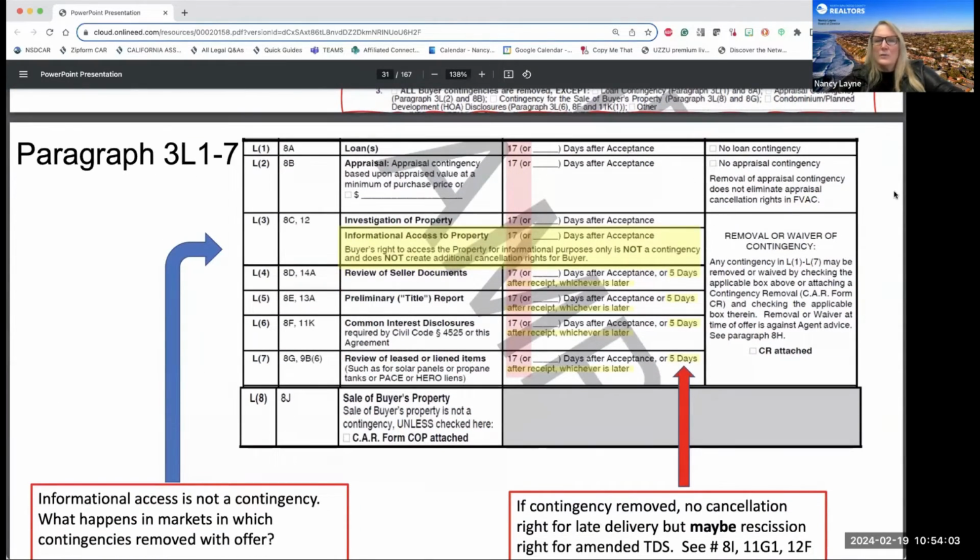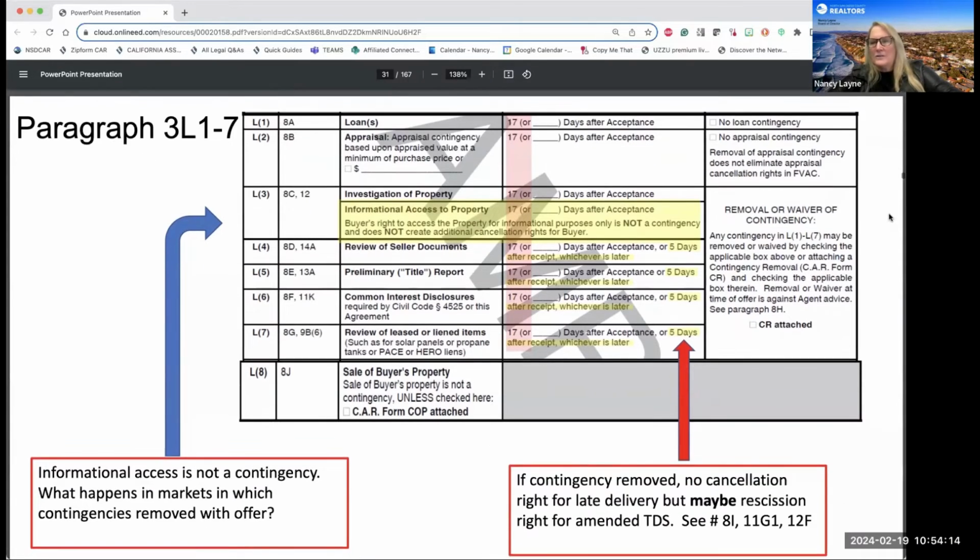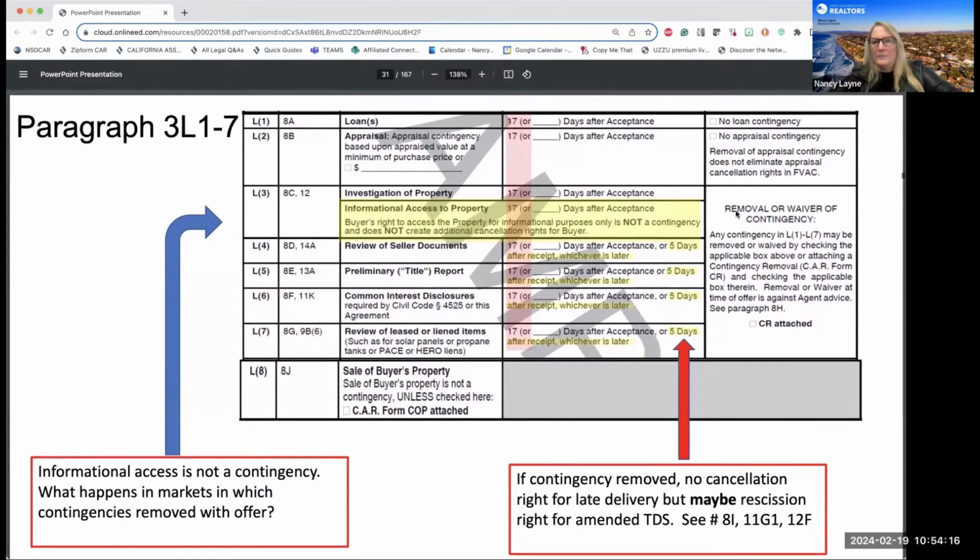The contingency removal does not mean they can't come back on the property. This is another error that agents make all of the time. They've removed all their contingencies. They don't have a right to come back on the property. Yes, they do. They can actually come back for 17 days or whatever this number has been filled out as.